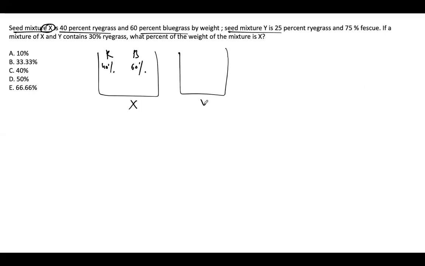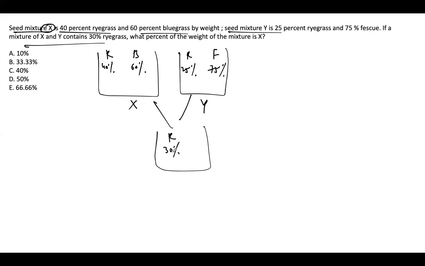Seed mixture Y is 25% R and 75% F. So if the mixture of X and Y contains 30% ryegrass, what percentage of the weight of the mixture is X? Let's say this is X, this is Y, so this would be X plus Y. So what is the connecting link?